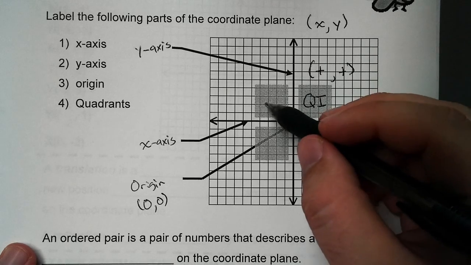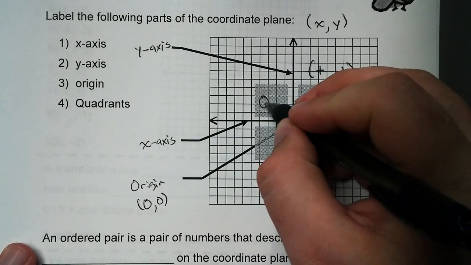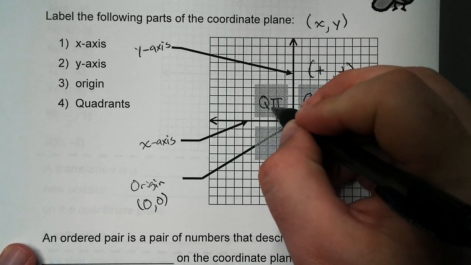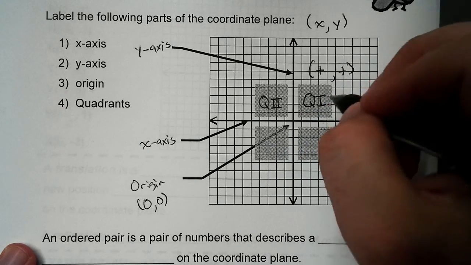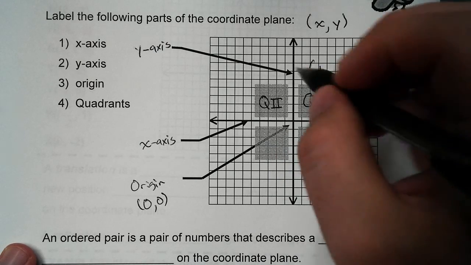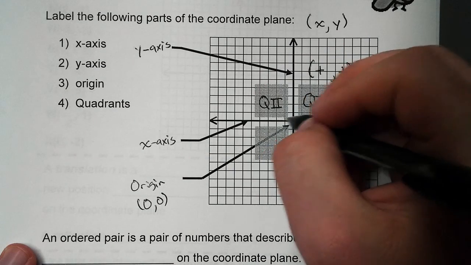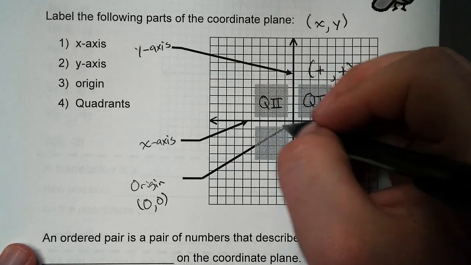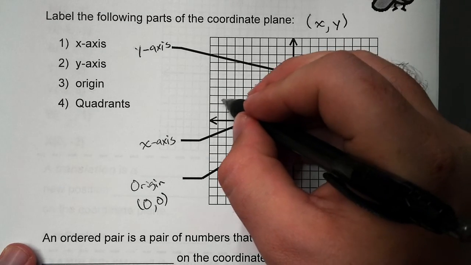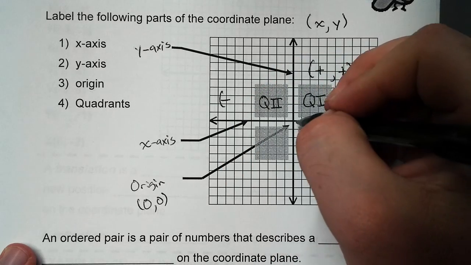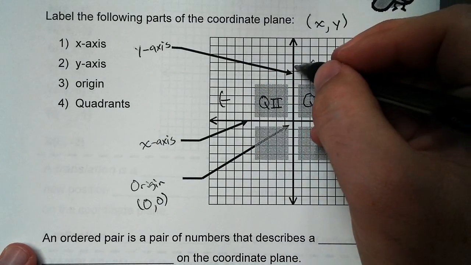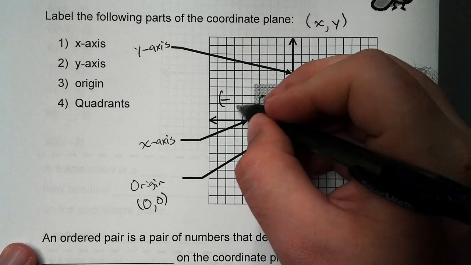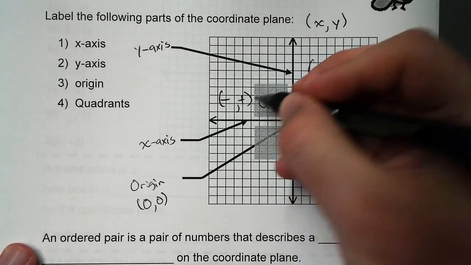Now if we move one to the left, we get into Quadrant 2. Something unique about Quadrant 2 is all of our points here, the x values going to the left are going to be negative, and then our y values, you see that they're on the top half, the y values are going to be positive.